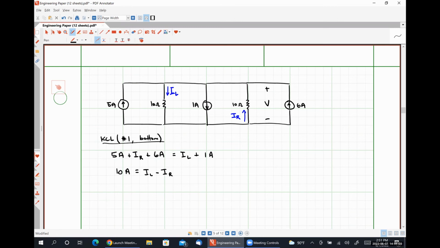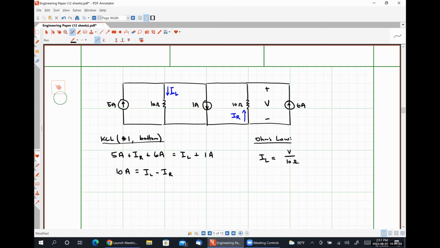Again, we have one equation and 2 unknowns. So we're going to need to use Ohm's law to relate our currents IL and IR to that common voltage. So IL will be the voltage drop V divided by the 10 ohms of resistance.